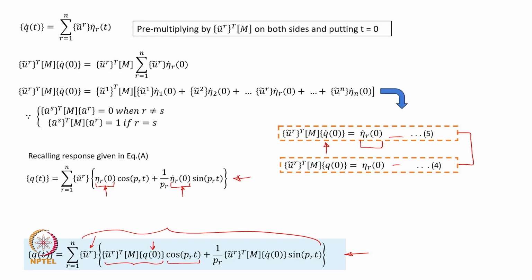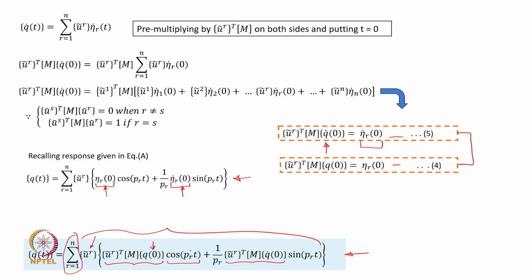In a 2 degree of freedom system, we discussed that depending upon how you excite your system initially, either only the first mode will contribute, or only the second mode will contribute, or both will contribute together. So, this product and this product, based on the initial conditions, will contribute to the overall general response. And because it is a summation, in general all modes will contribute, because this summation goes from r equal to 1 to n.